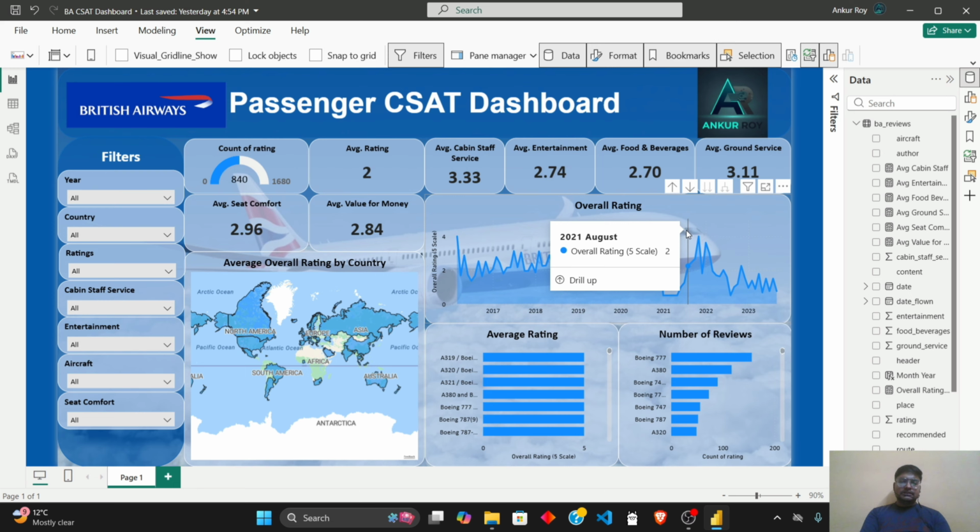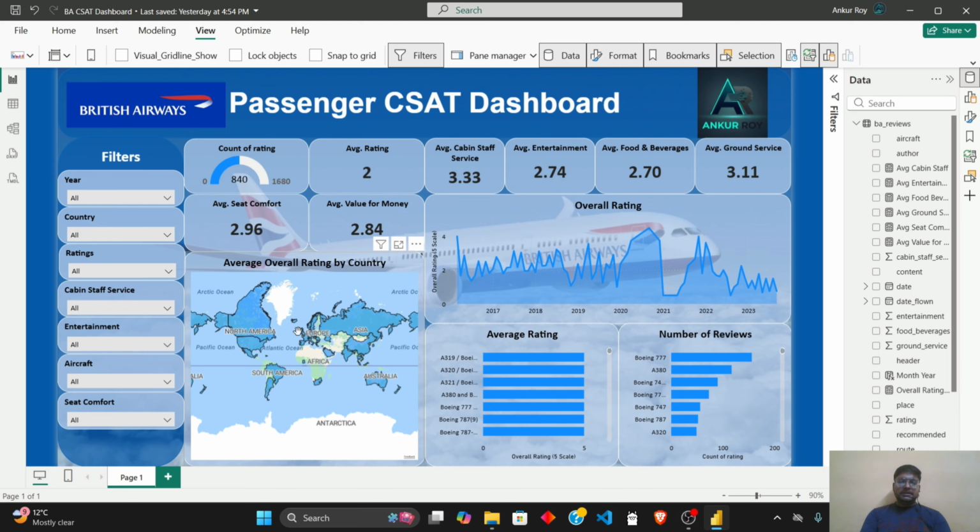Next, let's look at the geographical analysis using the country-wise map. This visual displays the average overall passenger rating by country, providing a regional view of customer satisfaction. We can clearly see that passenger satisfaction varies across different regions, with some countries consistently reporting higher ratings than others.